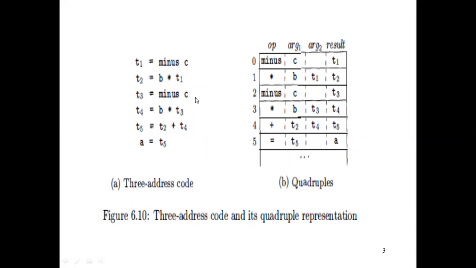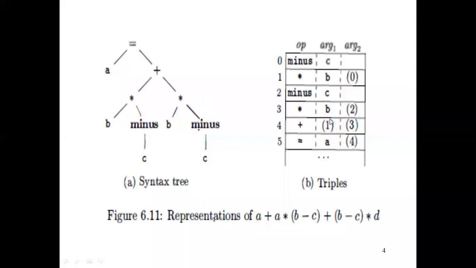We can choose 2. So here we will write line number 2. In this manner we will write again. You can compare with the preceding one for plus, and then here we will choose locations 1 and 3, and again at the end you can see equal A4. So in this manner you will represent the expression in the form of triples.